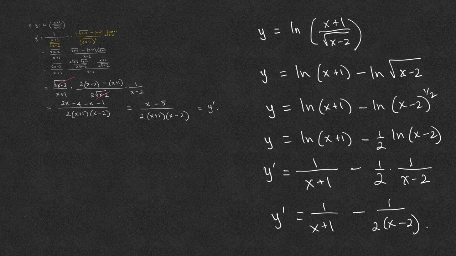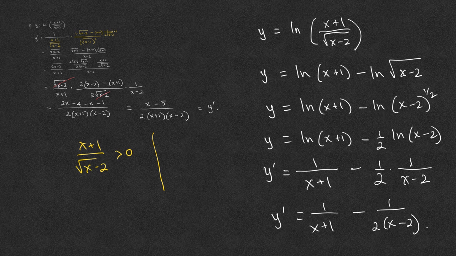Now, this is a simpler answer, although we still need to restrict the domain. The domain of this function is whenever the argument of ln, which is x plus 1 over the square root of x minus 2, is greater than 0.